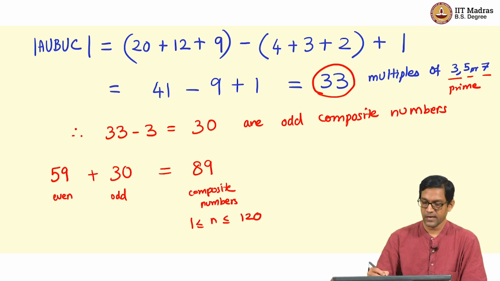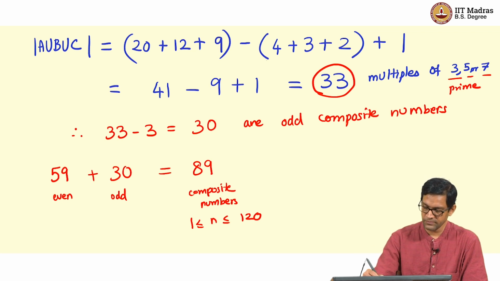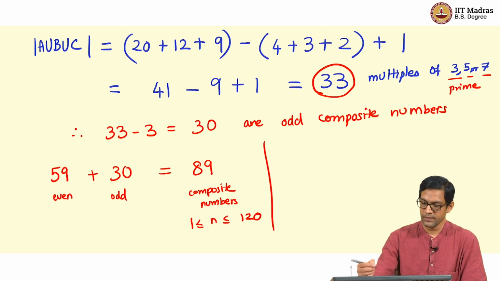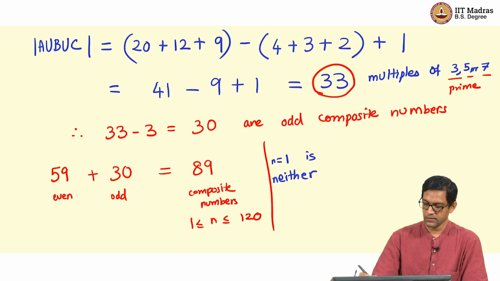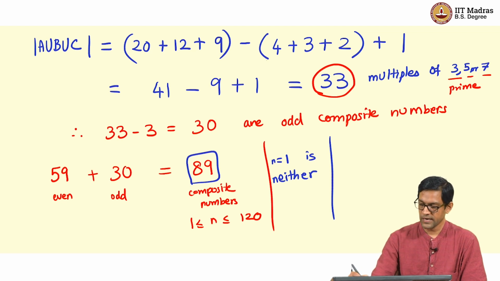Now, of course, we can ask the corresponding question for primes if you wish. Out of the total 120 numbers, recall the number 1 is considered neither prime nor composite. So I also have to get rid of 1. So that is 89 numbers composite, 1 number which is neither, so that leaves 30 numbers.